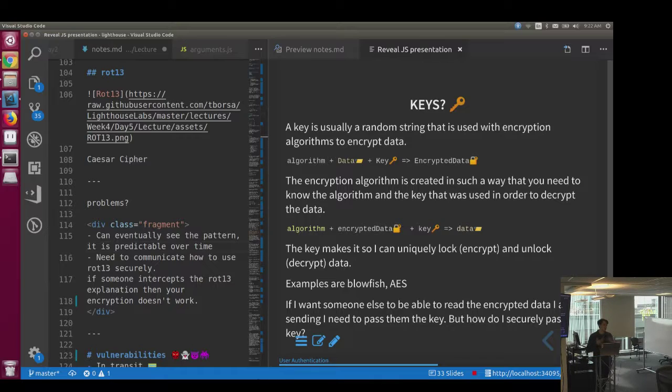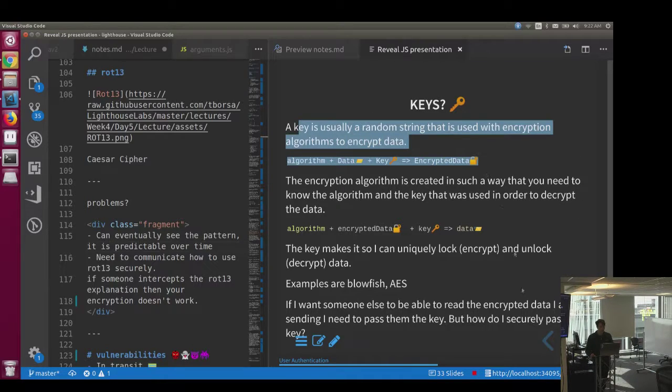It's not something that we're going to be making ourselves. People come up with these algorithms, and they're publicly available so that we can take advantage of them. But they're secure in such a way that just because they're publicly available doesn't mean anyone can decrypt it. They still very much need a key in order to encrypt and decrypt. So them being publicly available doesn't make them much less secure.